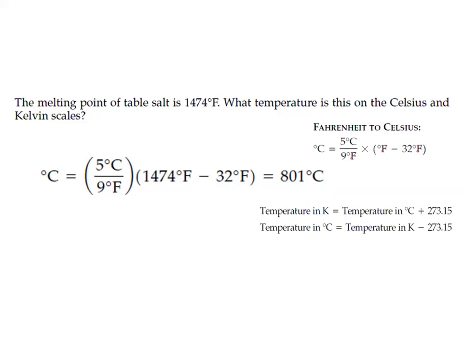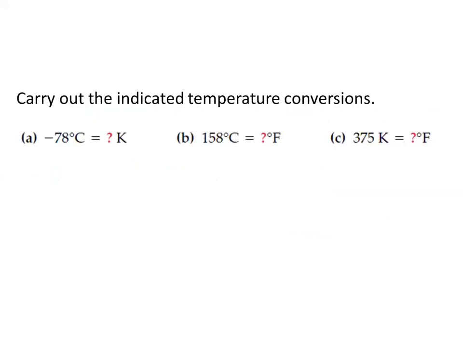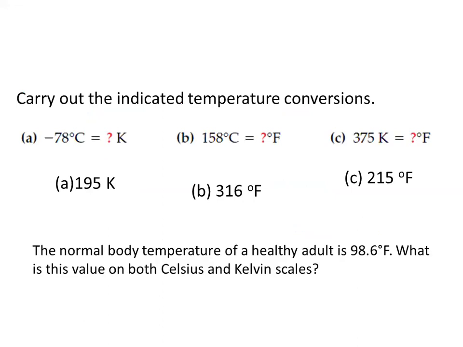If the temperature is given in Fahrenheit and you want to calculate in Kelvin, then you have to use the two formulas. Remember this. So that's good. This one is your homework.